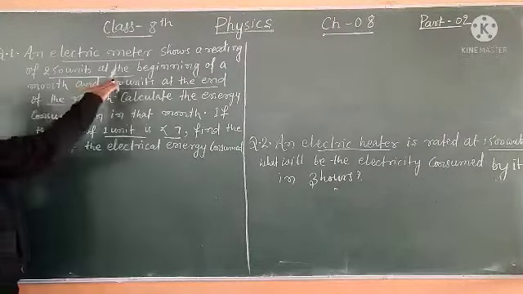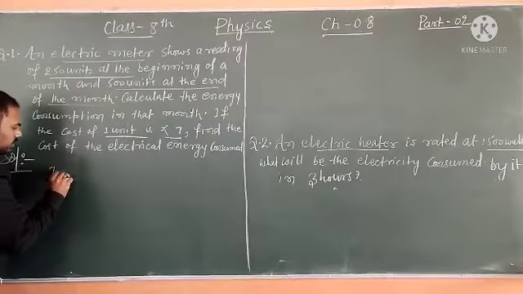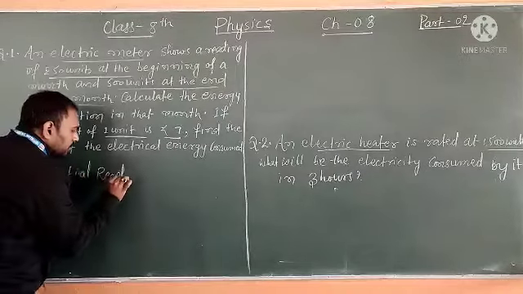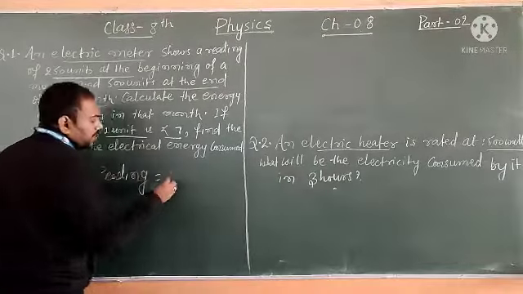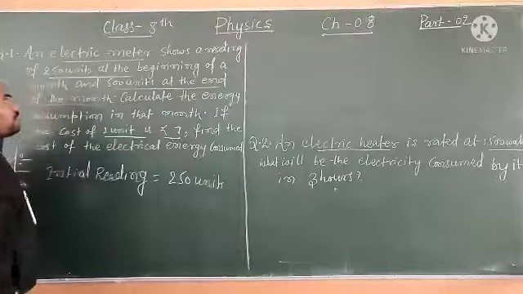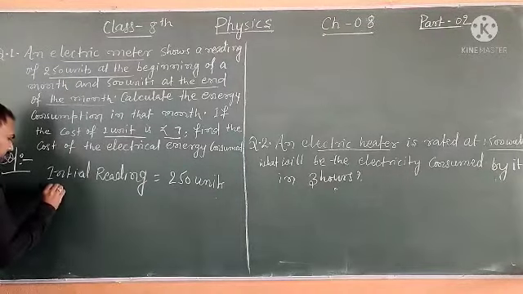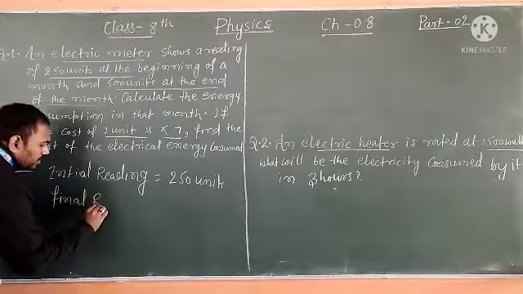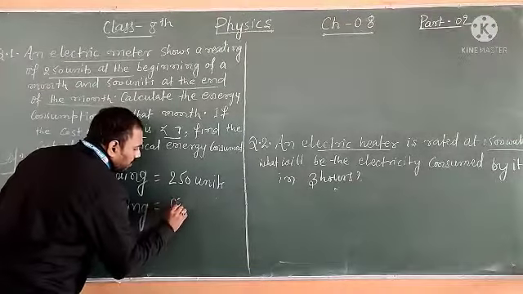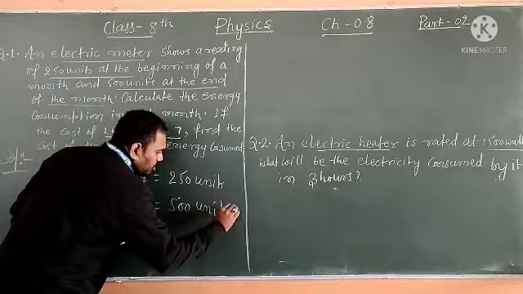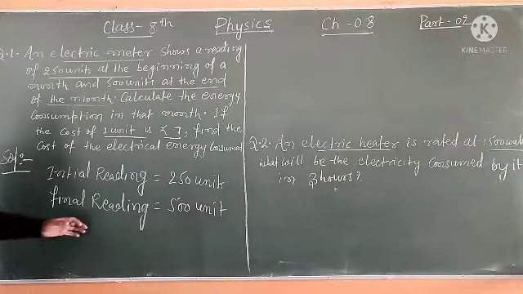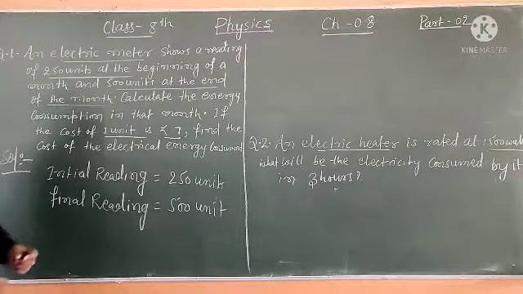Dear, the initial reading of the electric meter is given, that is 250 units, and the final reading is given, 500 units. So how much energy we have consumed for that month is equal to the difference of final minus initial.